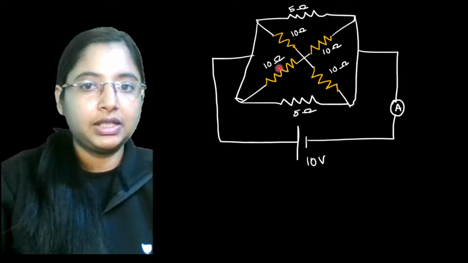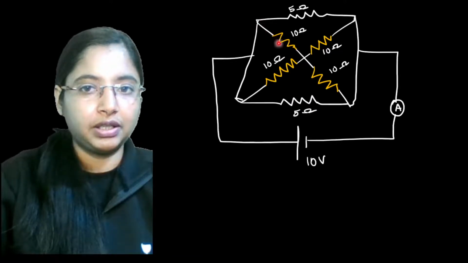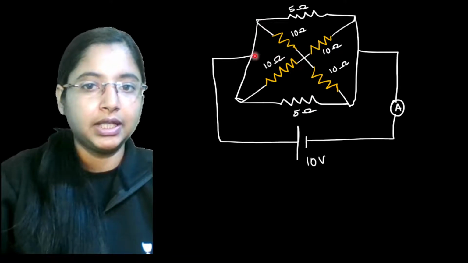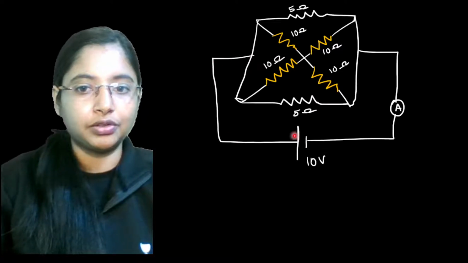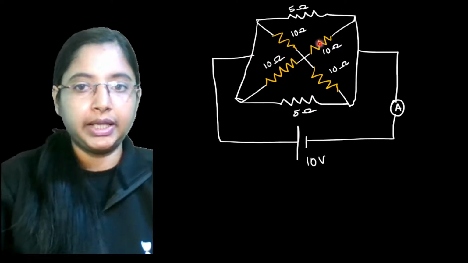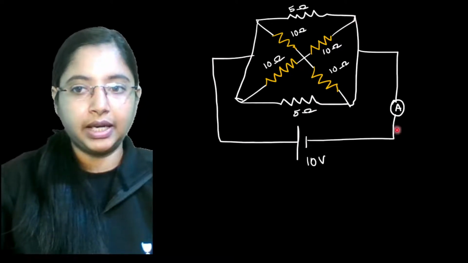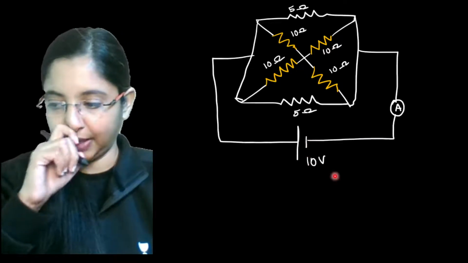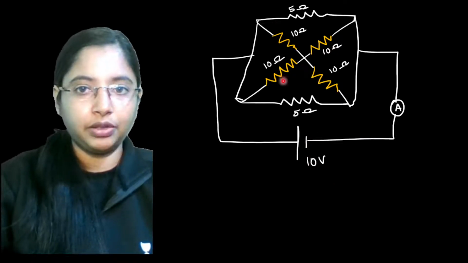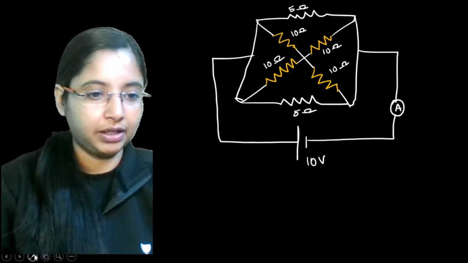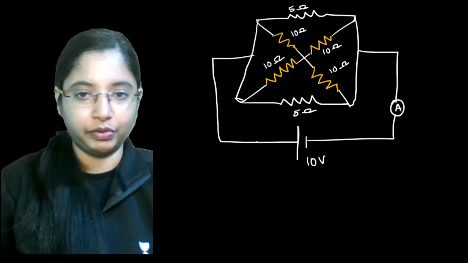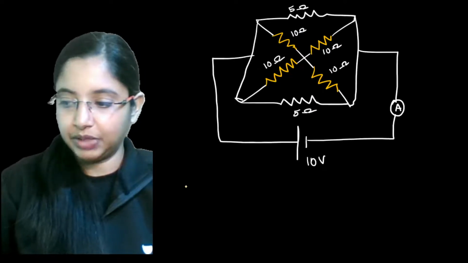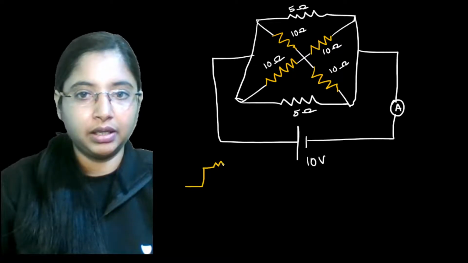See, if you see these two resistors over here, this resistor and this resistor, these two are connected across to the positive terminal. And these two resistors over here are connected across to the negative terminal of the battery. So what we can do, instead of these two resistors, we can replace it with one single resistor, with two resistors. That will be something like this, right?